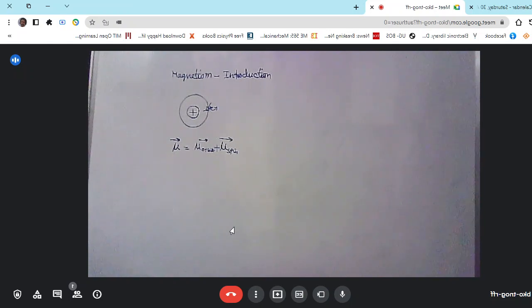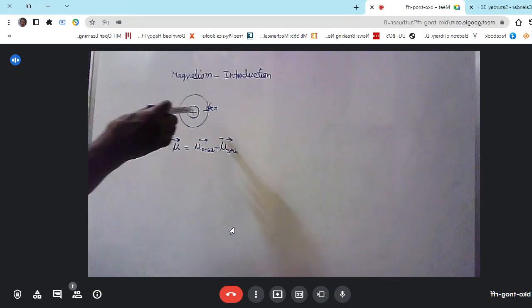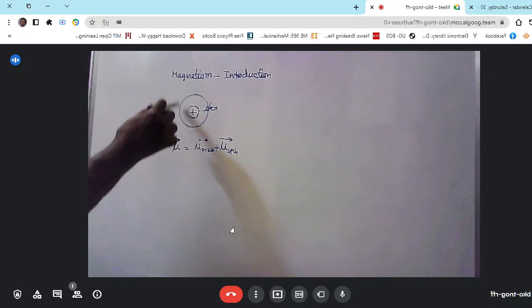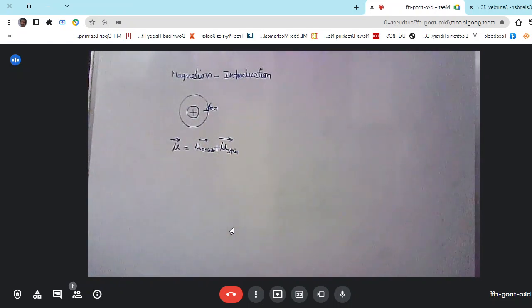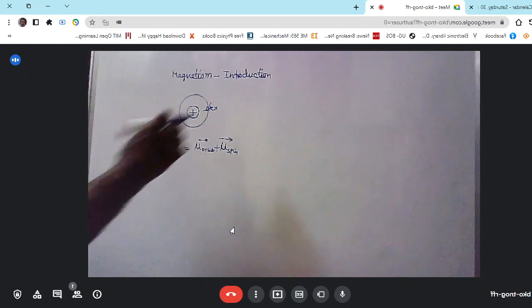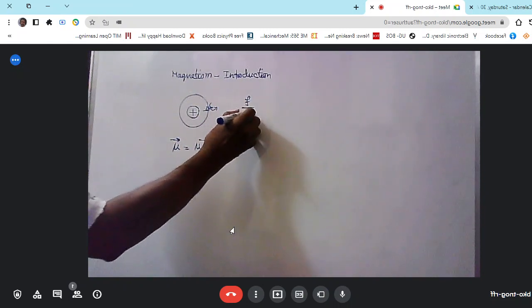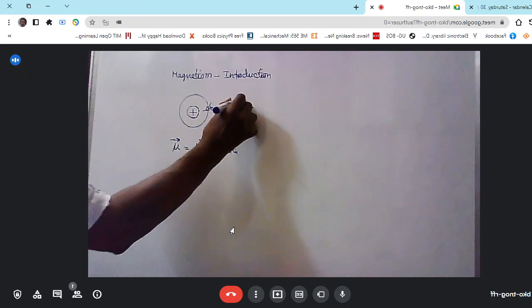Then how many revolutions will it make per second? v means how much distance it will move in 1 second, and the length of the perimeter of this circular orbit is twice pi r. So how many times will the electron move in 1 second? This frequency f is equal to v divided by 2 pi r.